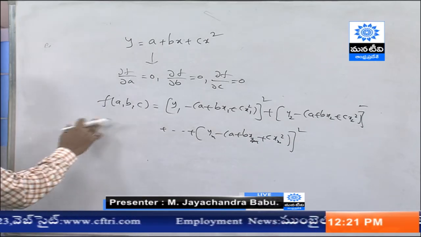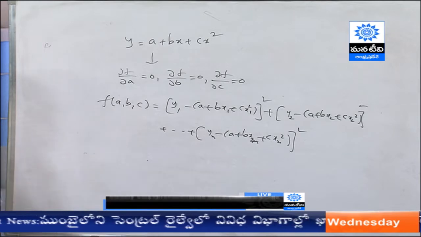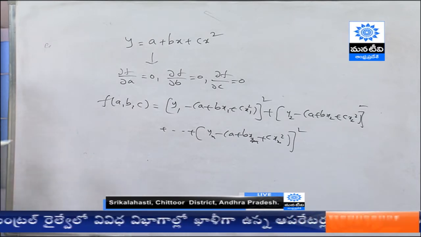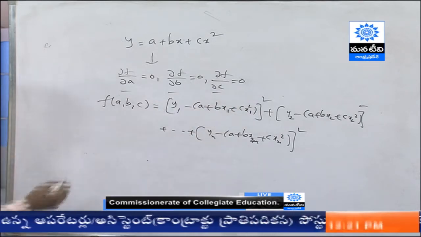So, after finding dou f by dou a, dou f by dou b, and dou f by dou c and equating them to 0, we will get three equations.